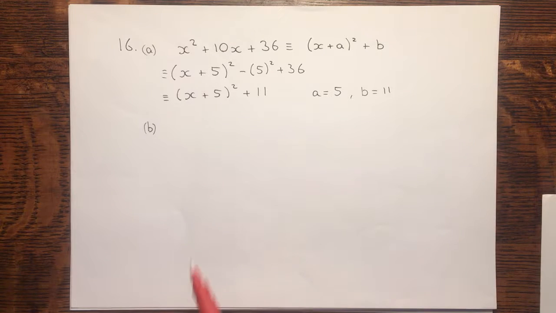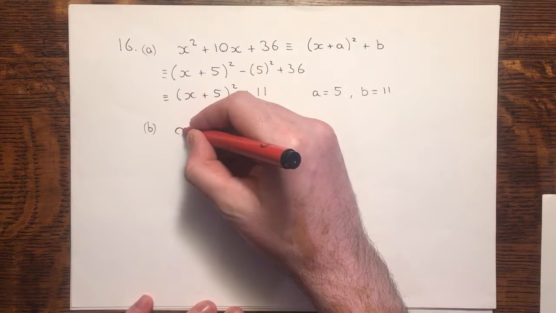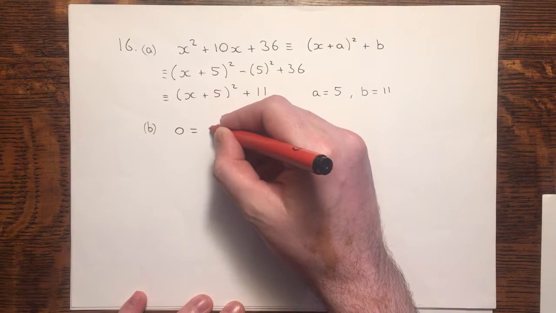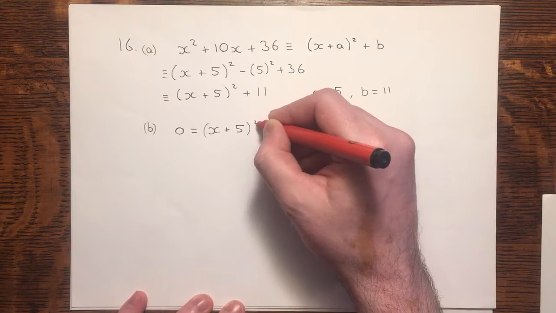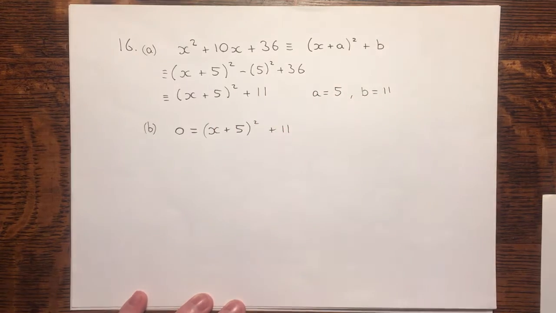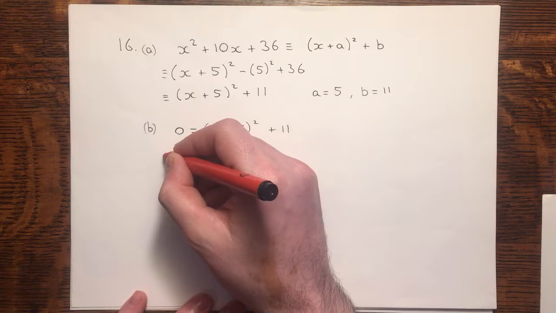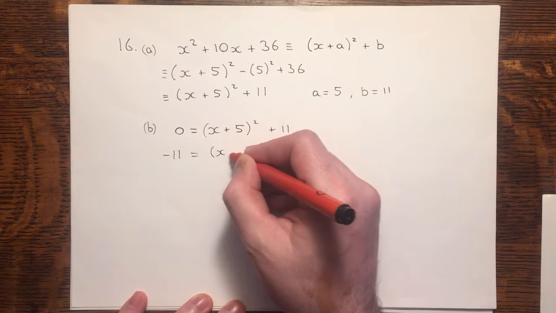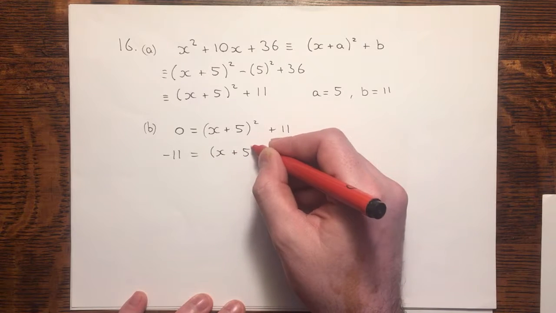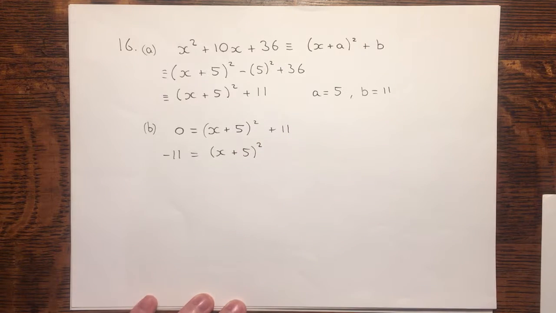If we're looking at roots, we're making it equal to 0. Let's do that now. If I subtract 11 off both sides, which would be my process for solving for x, my next move would be to square root both sides.